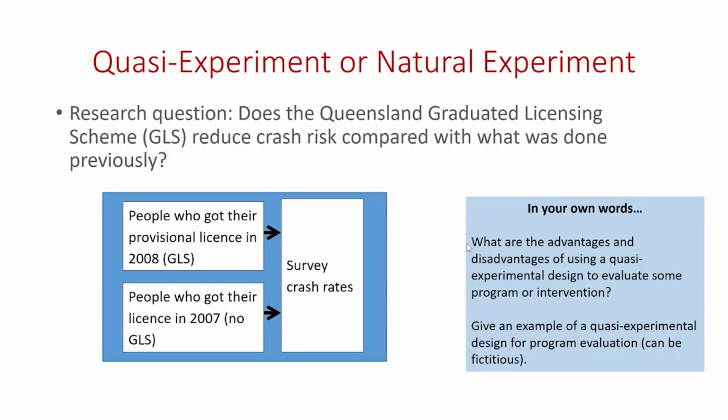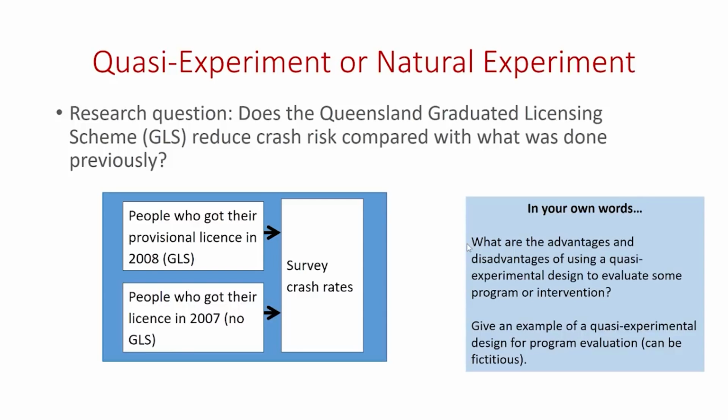So one possibility is that the global financial crisis occurred just after 2008, and so it could be possible to argue that maybe people got really poor after that year, therefore they couldn't afford cars or petrol, and therefore they didn't drive around as much, and therefore they crashed less. So it's possible to make arguments like that. Probably not true, but the point is we can't 100% rule it out.